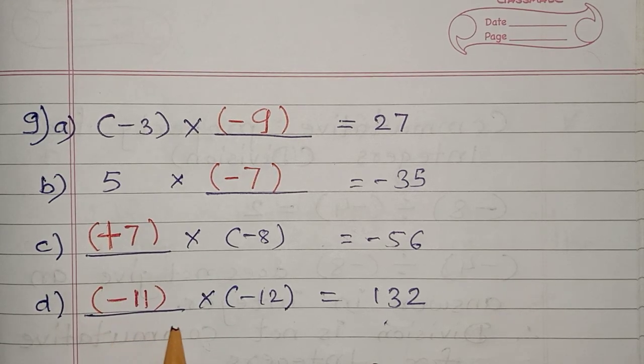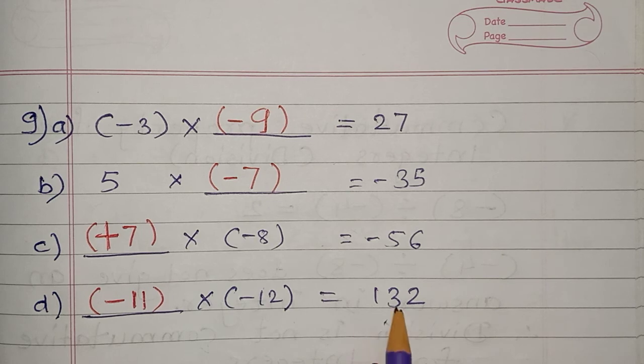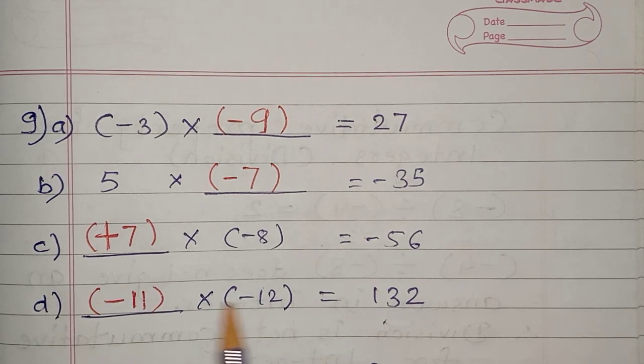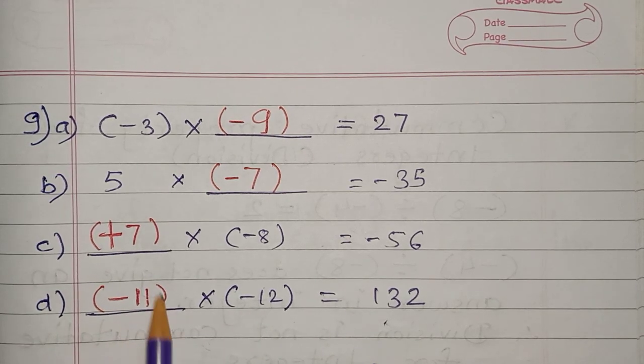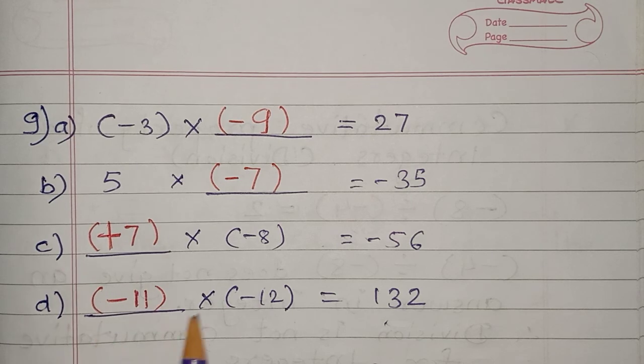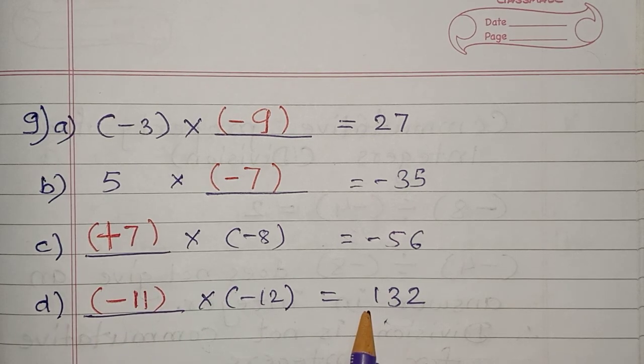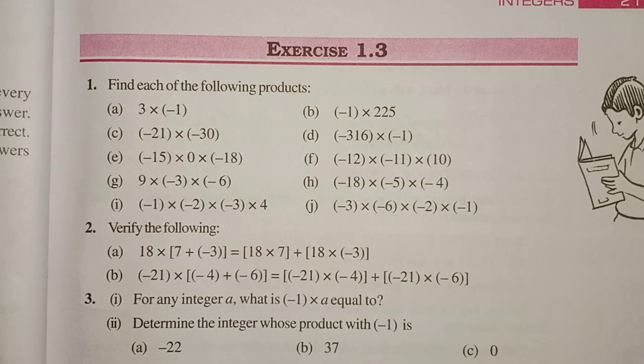Now next question, what multiplied by minus 12 gives the answer 132? Simply 132 divided by 12 gives the answer 11. Now this number is negative and the answer is positive, so this number has to be negative, because negative into negative gives the answer positive. So I hope this video will help you to solve exercise 1.3 from the lesson integers.